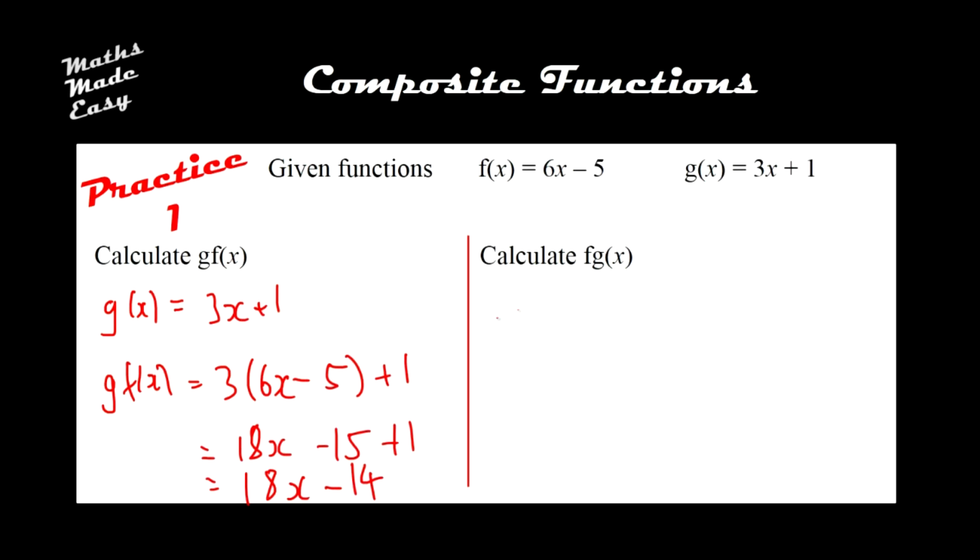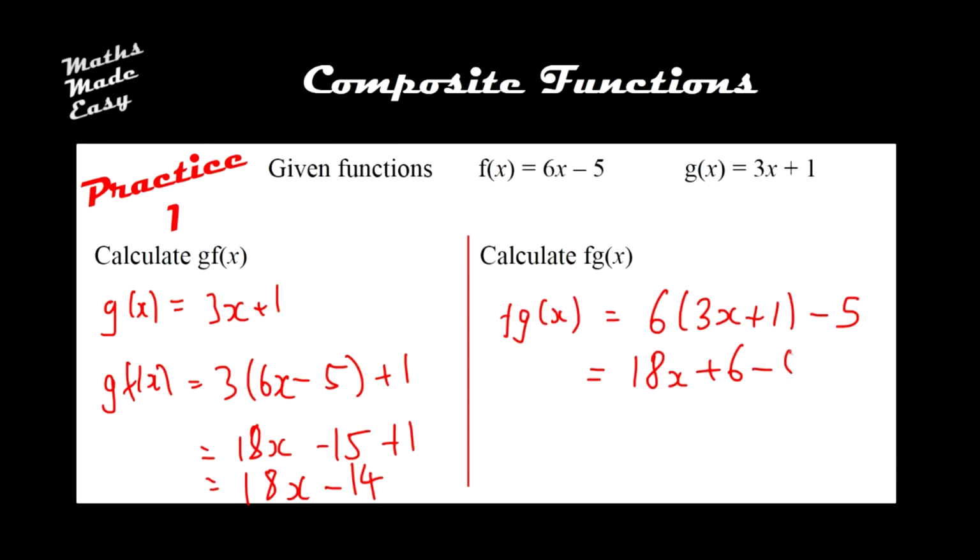For this next one here, f of x equals 6 lots of x minus 5. So I end up with fg of x equals 6 lots of 3x plus 1, subtract 5, which is 18x plus 6, subtract 5, which is 18x plus 1.